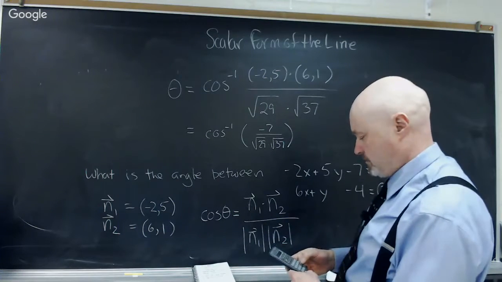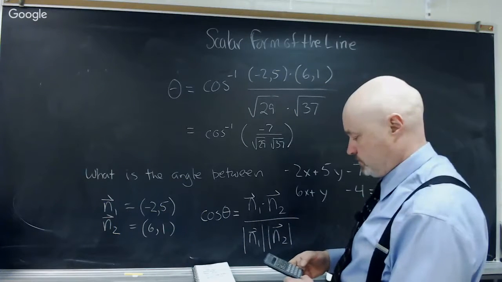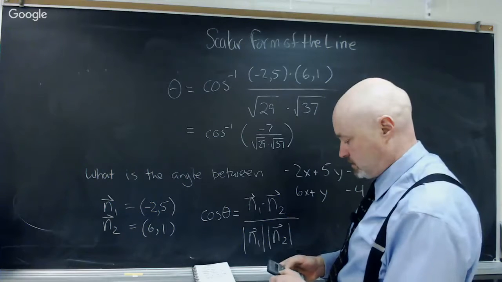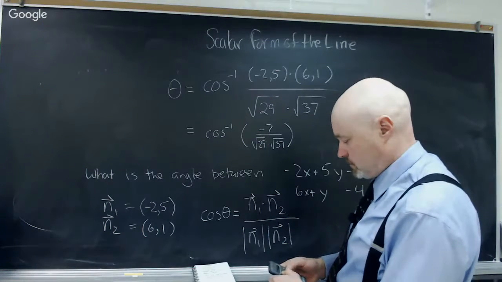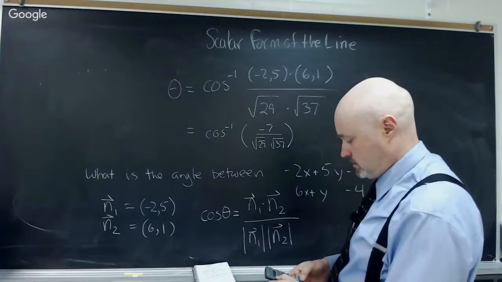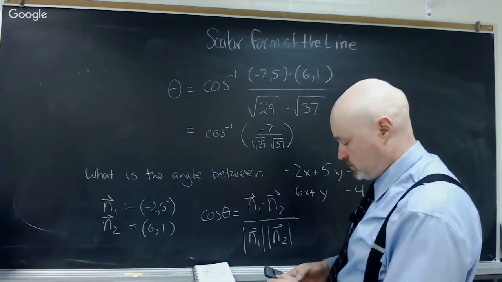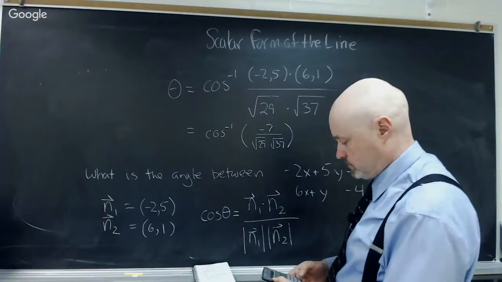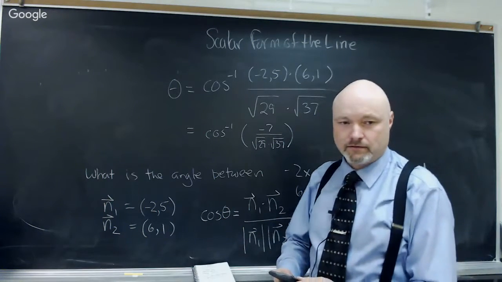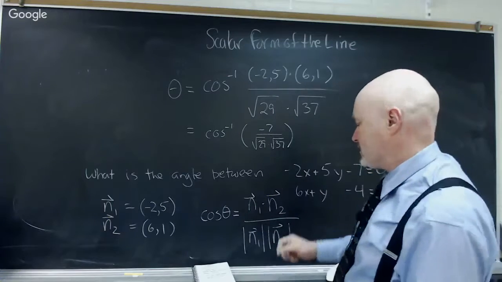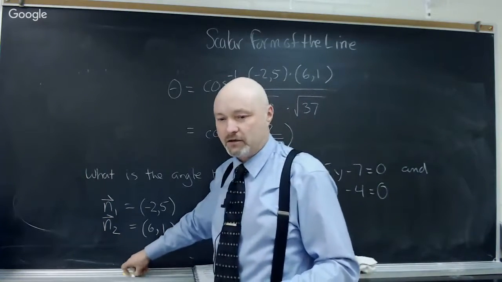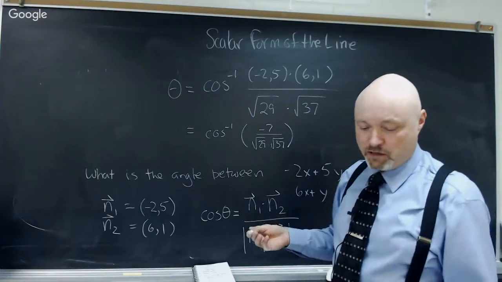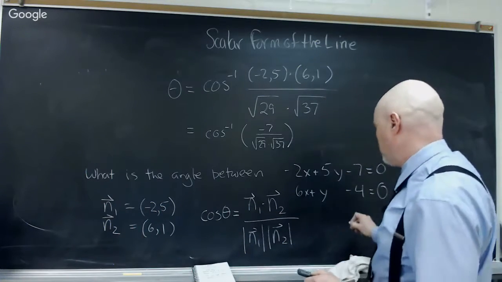That's -0.2136. So that's 102 degrees. Really? Yeah, because it's negative, so it's in the second quadrant. And so one of the angles between those two lines is 102.